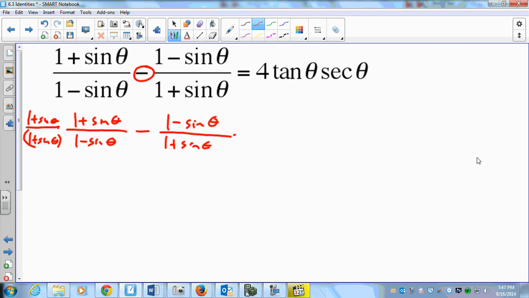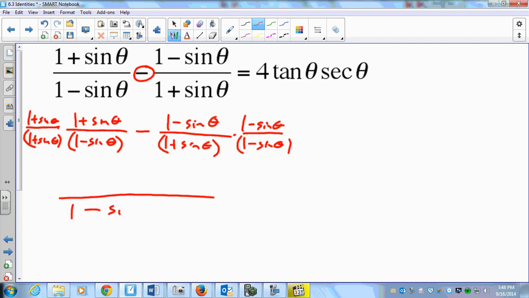Now what type of 1 am I multiplying by? The other denominator, 1 minus sine of theta over 1 minus sine of theta. So the denominators I should recognize are difference of squares. So I know the common denominator is going to end up being 1 minus sine squared theta. The next ones I've got to multiply out. So I'm going to do the left side here.